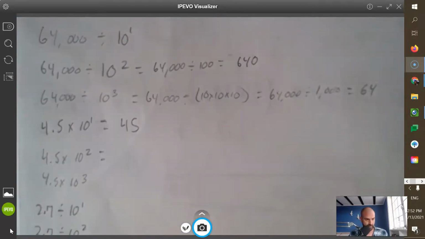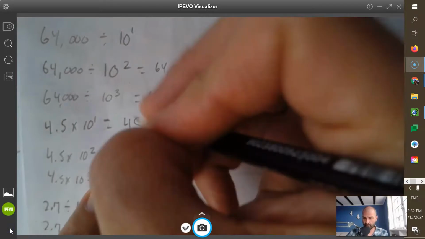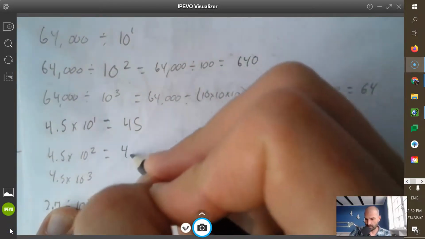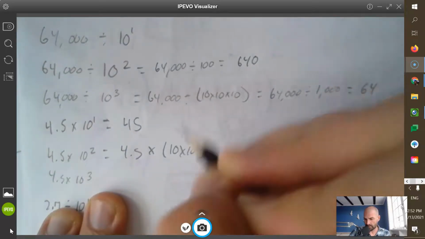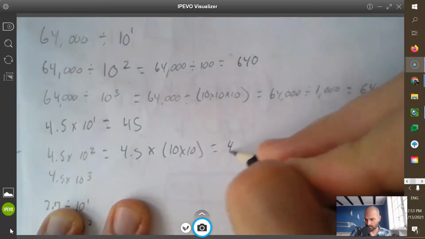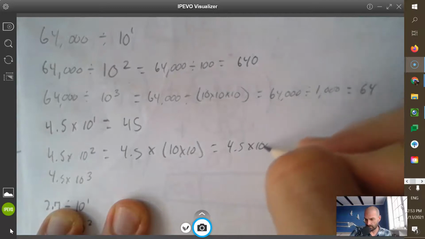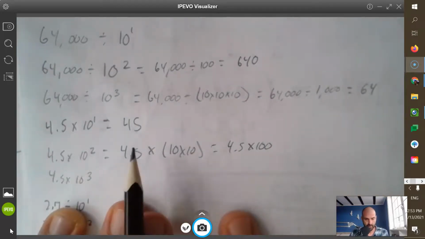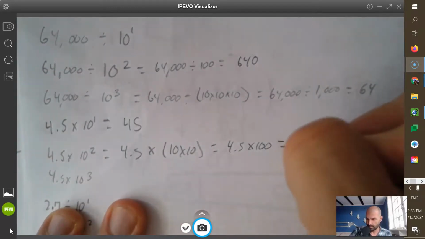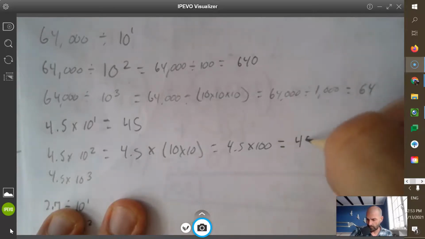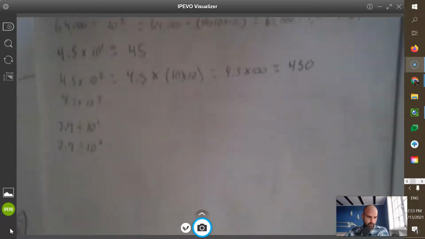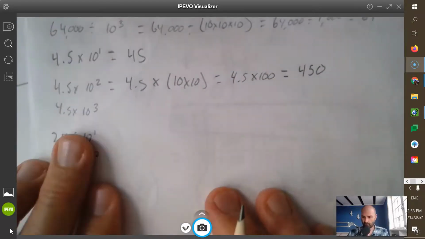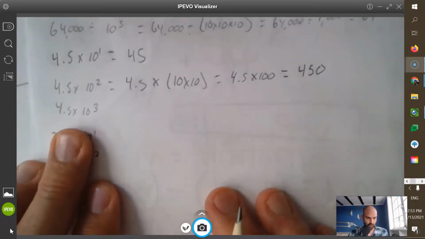All right, let's look at the next one. 4 and 5/10 times 10 squared. All right, so 4 and 5/10 times 10 squared is the same as 4.5 times 10 times 10, because there's two tens in there, which is the same as 4.5 times 100. And again, our numbers shifted one spot to the left. Now they're going to shift two spots to the left to give me 450. All right, moving forward here. 4 and 5/10 times 10 cubed.